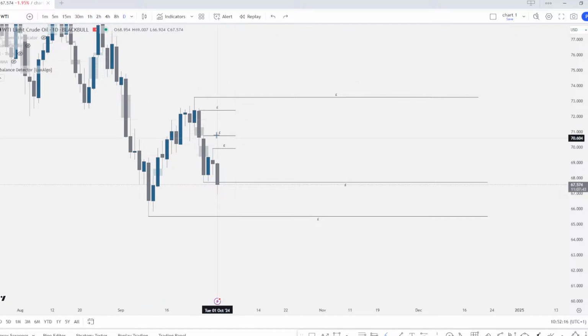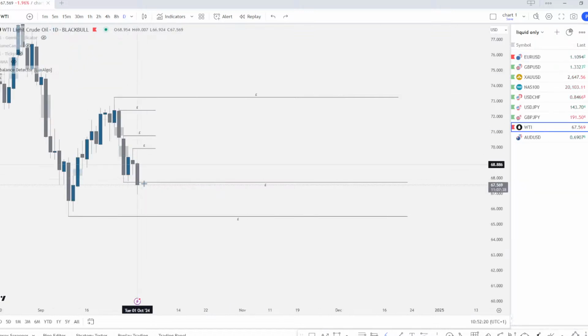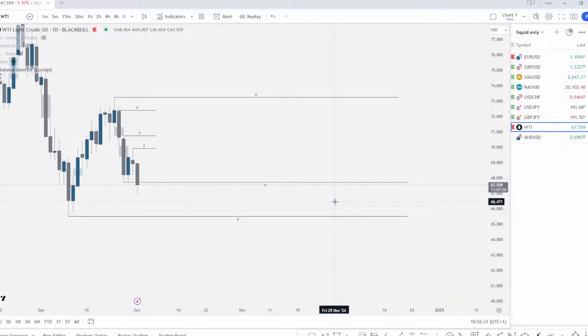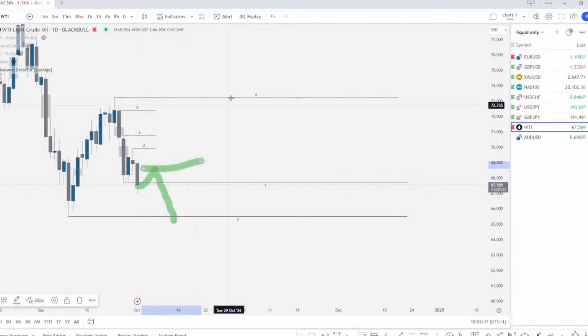But that's fine. There's plenty of other ways you can negotiate around selling through that. So the longer term target is this low here, which is, to be exact, 65,536. So if there is another entry, let's say, given around here, plenty of meat on the bone to sell through to the lows.